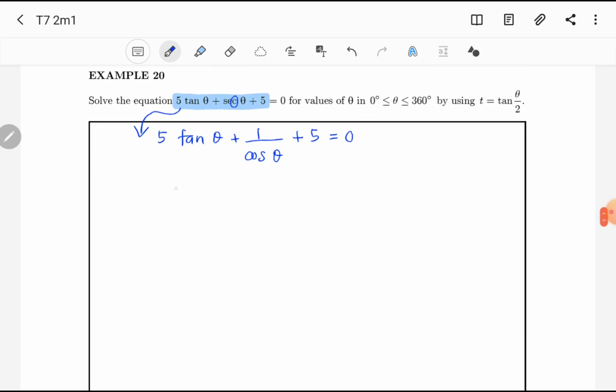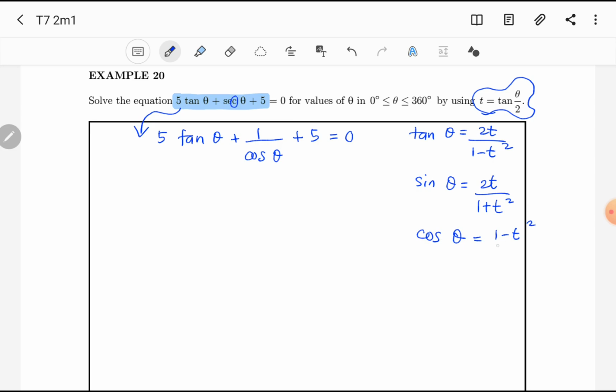Next, kita akan replace by using t is tangent theta over 2. So tangent theta is 2t over 1 minus t squared, sin theta is 2t over 1 plus t squared, cos theta is 1 minus t squared over 1 plus t squared.